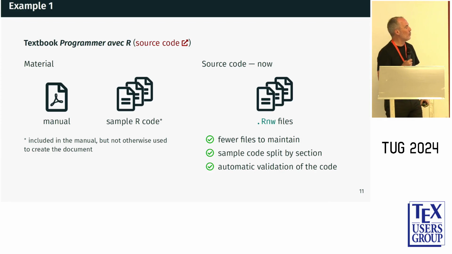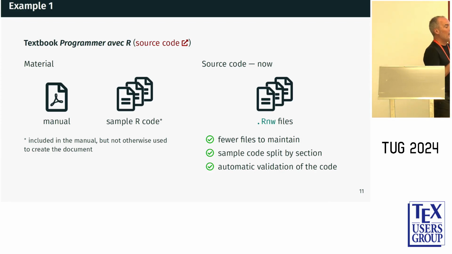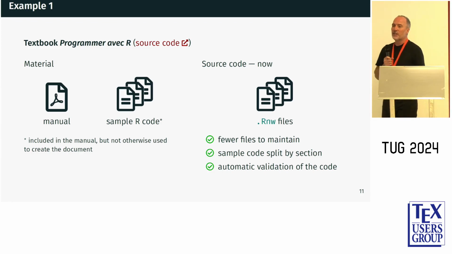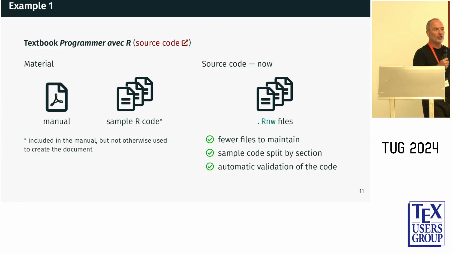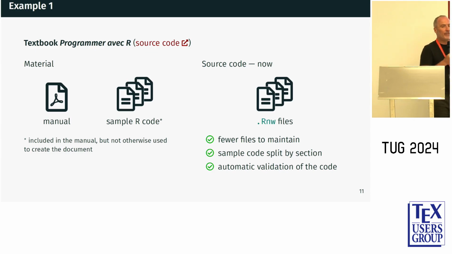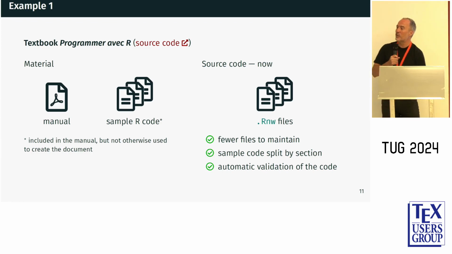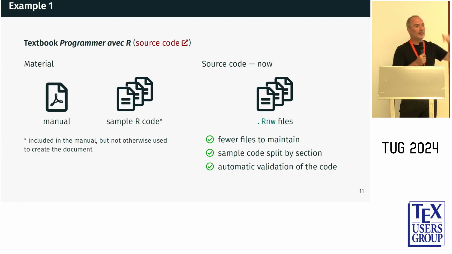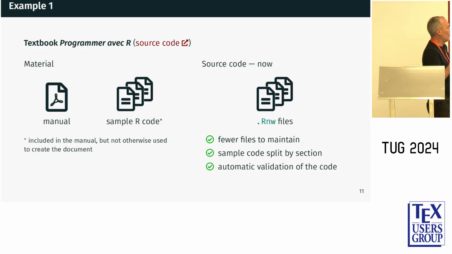So I have obviously fewer files to maintain, but what I eventually could come up with is the fact that I could split the sample code by section. Instead of having one large file of sample code, if there was sample code for one section of a chapter, I could just put the sample code for this section after the section, start writing another section, then the sample code, and so on and so forth, instead of maintaining the sample code in one large file.